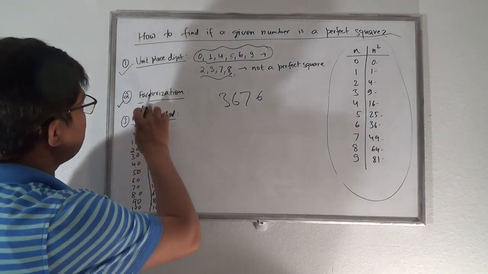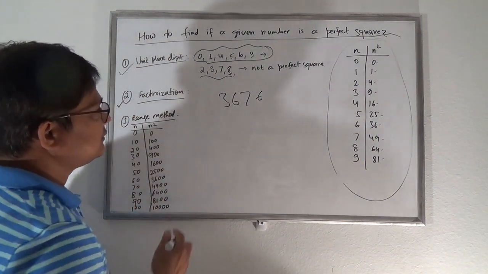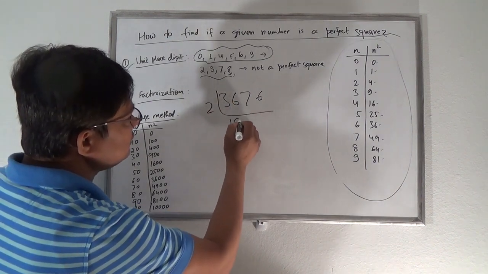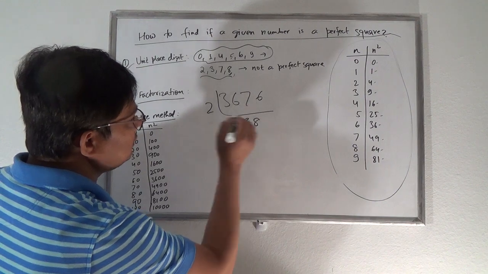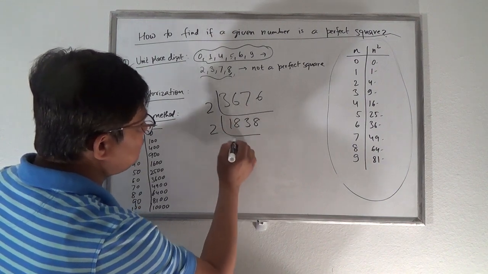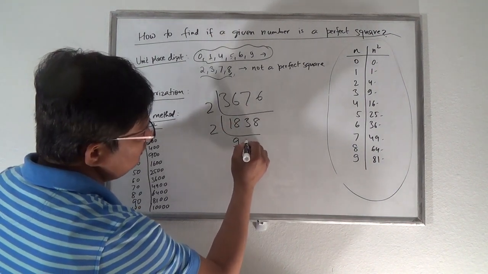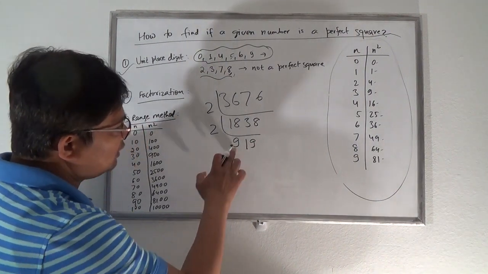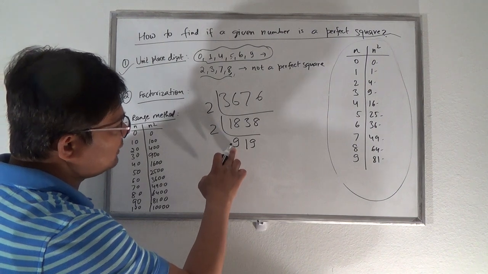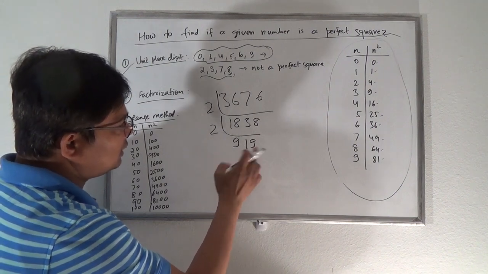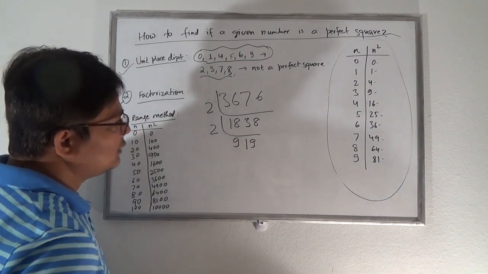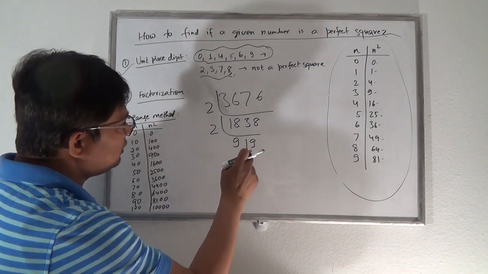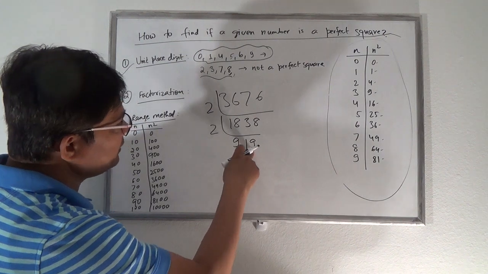Now if you think, okay, I will apply prime factorization, let's do that. 2, 2, 919. Now this is a big number, and if I try to divide it by 3, 9 plus 1 plus 9 is 19, so it cannot be divided by 3, cannot be divided by 4, not 5, not 6, because it cannot be divided by 2 or 3.